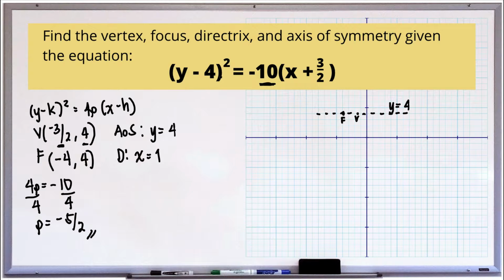Hence, our equation is x equals 1 and it is also p units away from our vertex. And that's how you solve parts of a parabola given a standard equation.